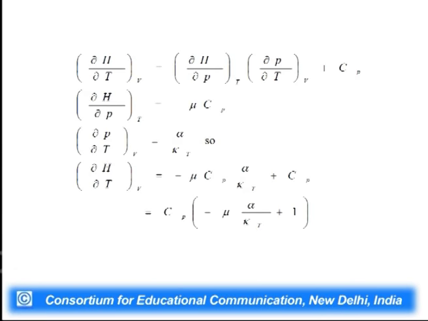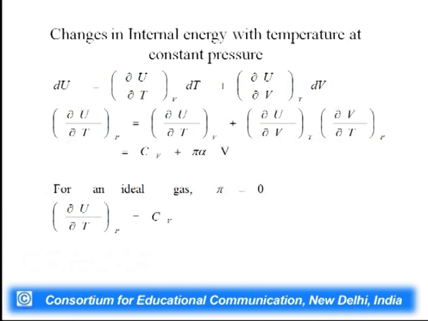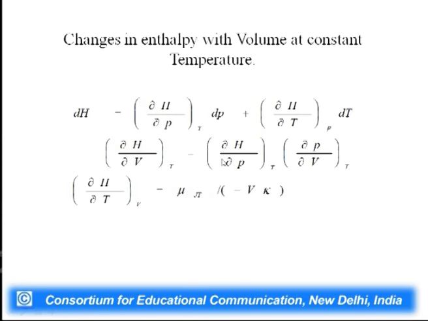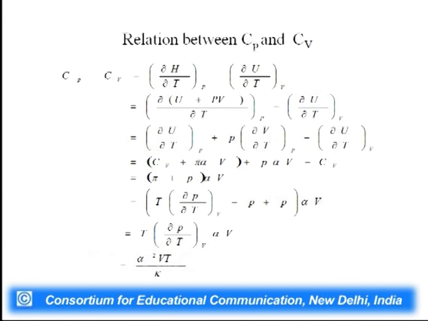We just calculated del U by del T at constant P. We can go back and see that del U by del T at constant P is equal to Cv plus pi alpha V. So, we can simply write del U by del T at constant P is equal to Cv plus pi alpha V, plus P, and we know that del V by del T at constant P is simply alpha V. So, you can write this term as P multiplied by alpha V, and this is simply Cv, so you have minus Cv.